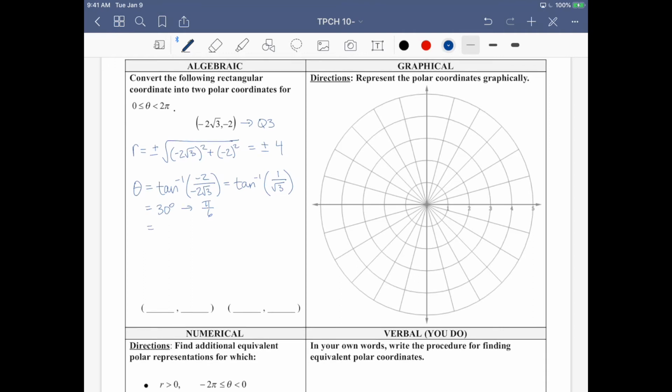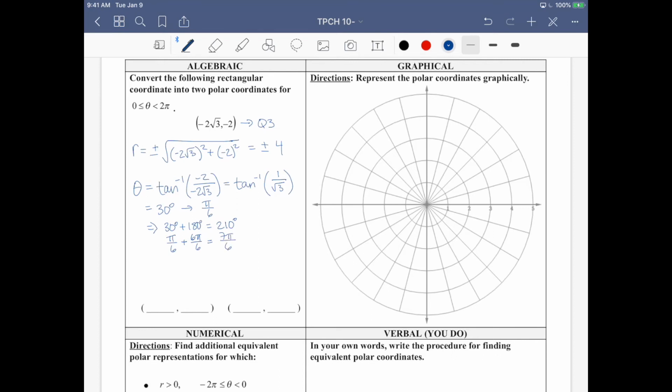So if you add 180 to 30 degrees, you get 210 degrees. And if you add pi, here I'll write it like so, pi is 6 pi over 6. So I can add these fractions, you get 7 pi over 6.